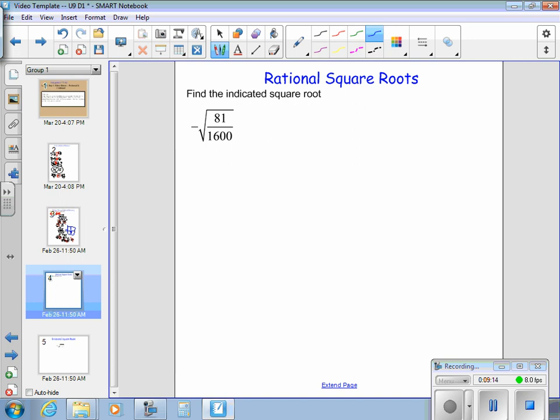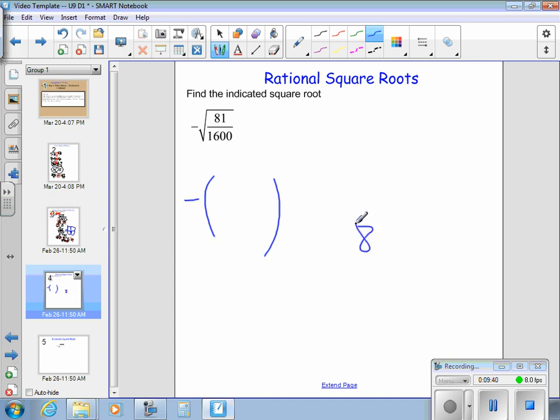Okay, find the indicated square root. We've got a fraction inside the square root, and then we've got a negative sign outside of it. So the first thing we're going to do is leave this negative sign outside and figure out what the square root of this fraction is. Well, how do we do that?